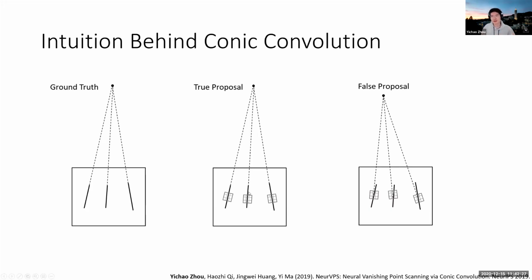It will generate a very strong response. On the other hand, if the vanishing point is not correct, once you do this kind of convolution, the response will not be as strong. So hopefully, a later stage of the neural network can pick this difference up and tell whether this vanishing point is good or not.